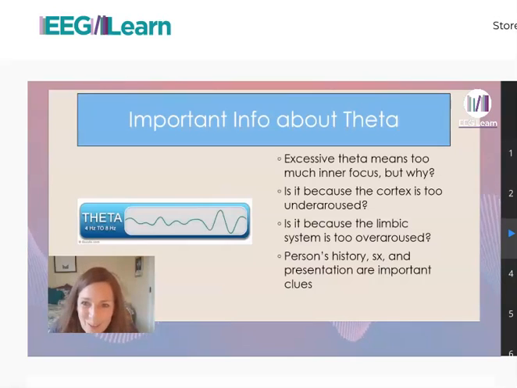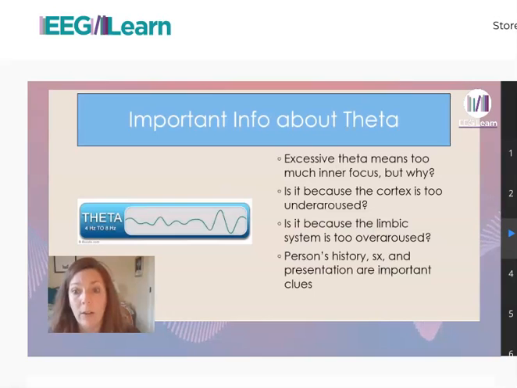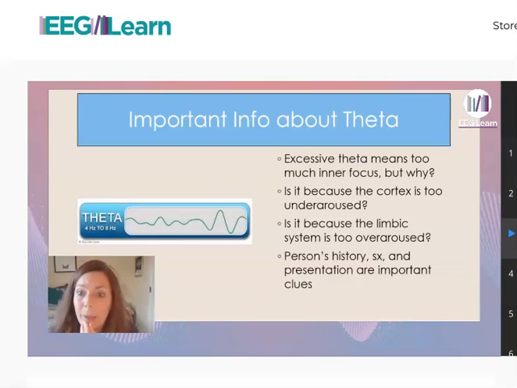Is it because their cortex is asleep, or is it because their limbic system is overactivated? Well, if you know beyond a shadow of a doubt that they have a history of developmental trauma, we're going to assume that the excessive theta is coming from their limbic system, right? So that's where the person's history really helps you out. Also, symptoms, like if they have a ton of anxiety and a ton of overarousal, even though their theta is really high, that might be coming from their limbic system.